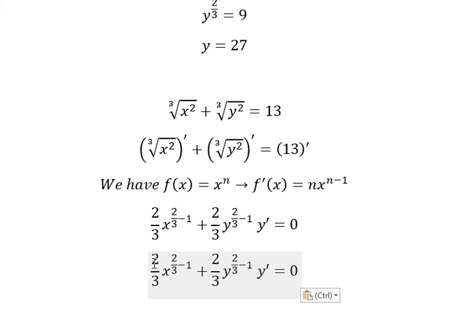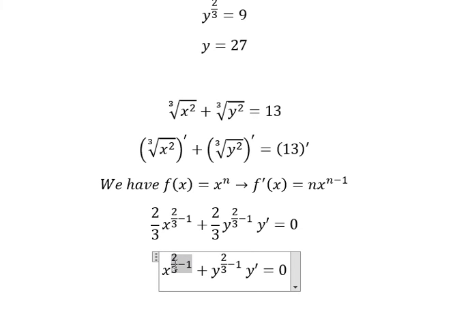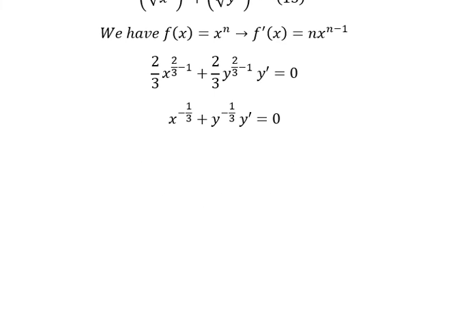We simplify 2 over 3, 2 over 3. This one, you get negative 1 over 3. This one, you get negative 1 over 3. Now, we can go to the second derivative.